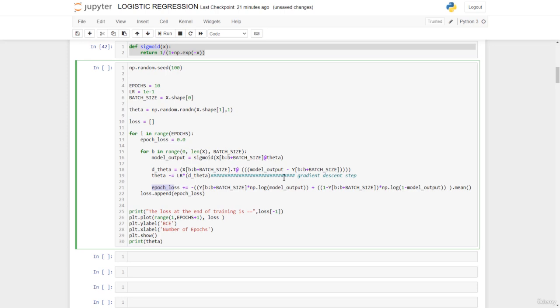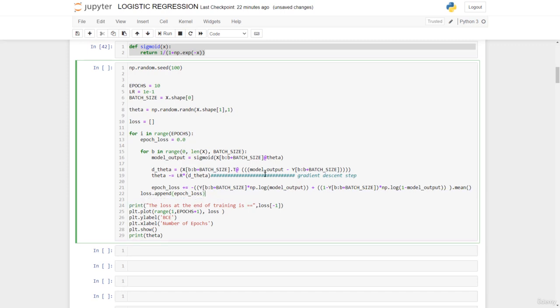Now note that unlike the previous algorithm where we had the mean square error loss, here we have the binary cross entropy loss, which is defined a bit differently. So in this case we have the negative of y log y predicted plus 1 minus y times log of 1 minus y pred.